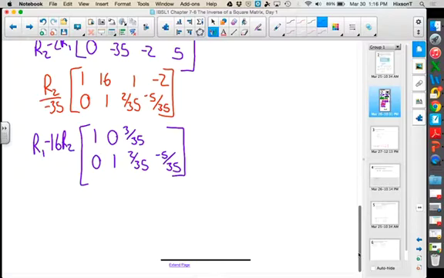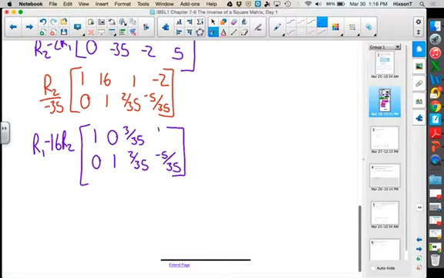Hang on. What are we doing here? Row 1 minus 16. Oh yeah, so 16 times 5 would be 80. So that's a plus 2 and 5/35, or 1/7.